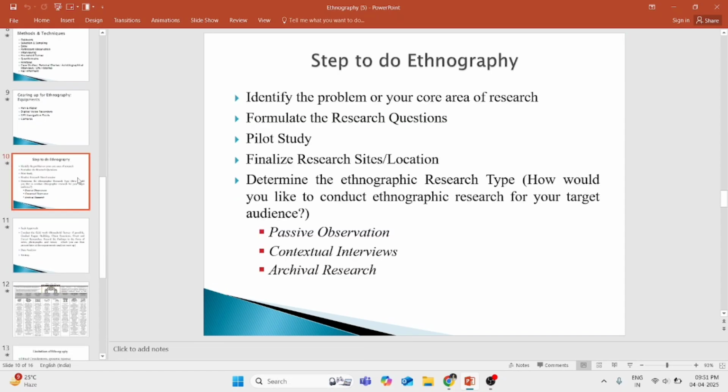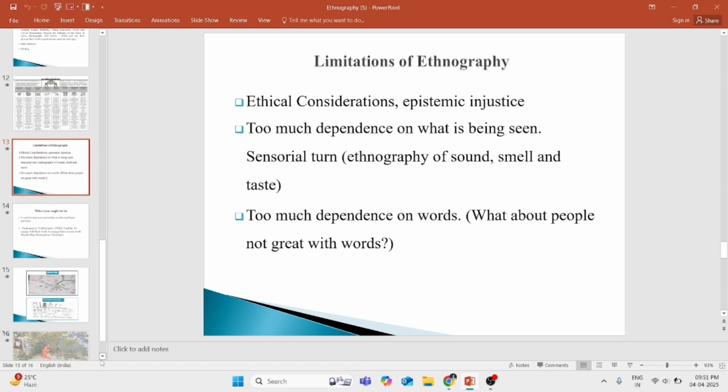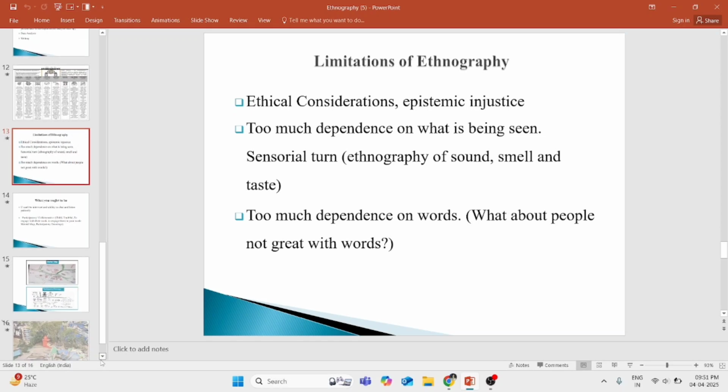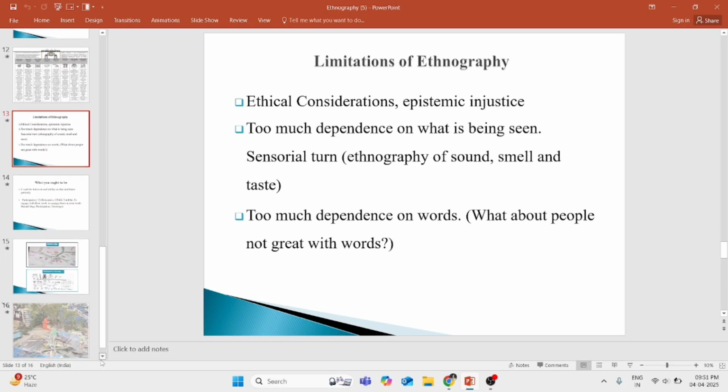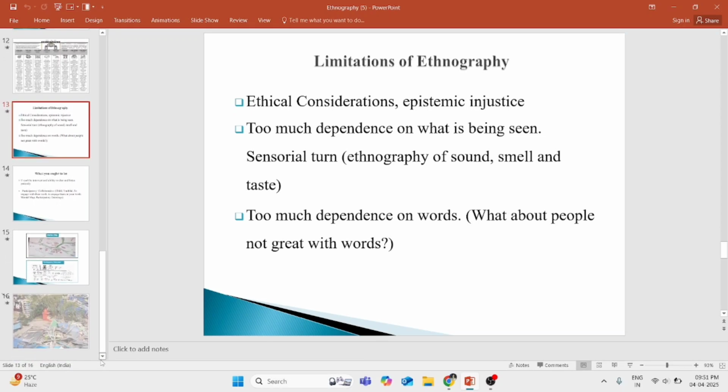Additionally, ethical concerns such as consent, privacy, and researcher's bias can also pose challenges. Another important limitation is that it is costly, because it takes more time, being a time-consuming process.